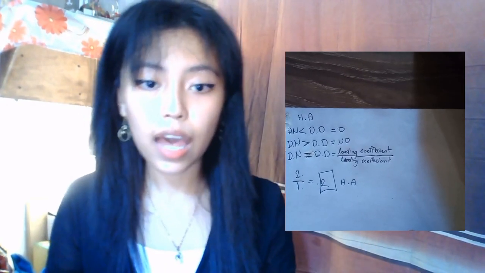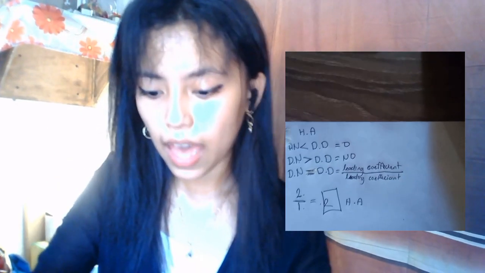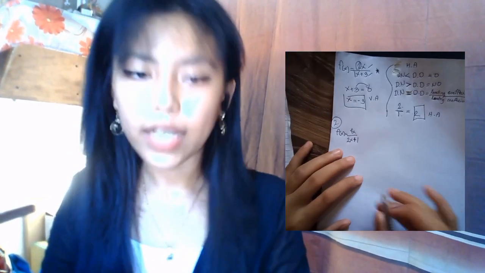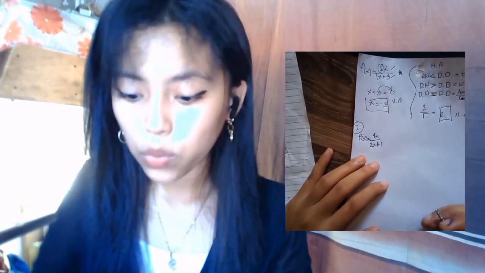Now, if you still don't get it, I have another example here, which is f of x equals 4x over 2x plus 1. So, this is our second example. Again, to get the vertical asymptote, we're going to equate our denominator to 0.